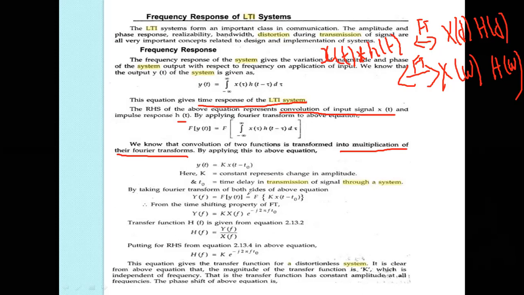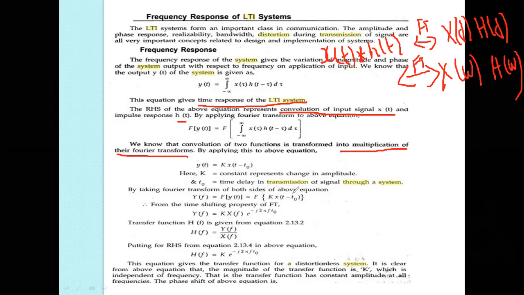By taking the Fourier transformation on both sides, the Fourier transform of y of t, Y of f, is equal to the Fourier transform of k into x of t minus t naught.